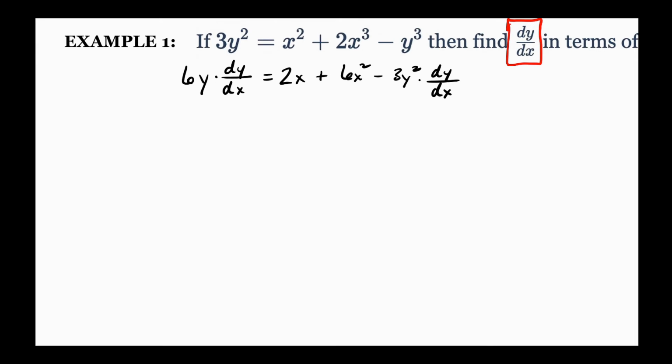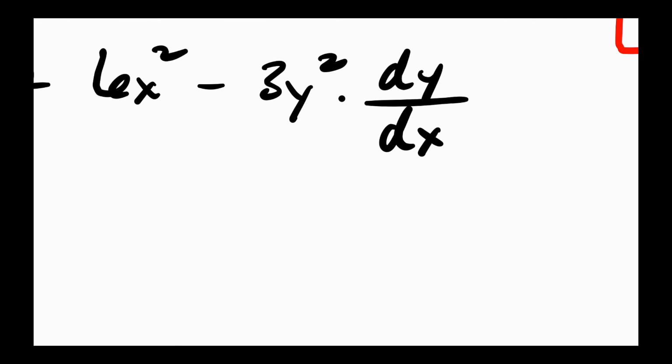So I got a dy dx on the left side, and I notice I have a dy dx on the right side. So I'm going to put those two together. To get those two together.